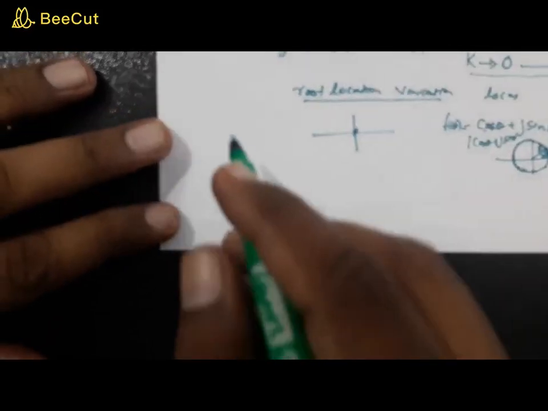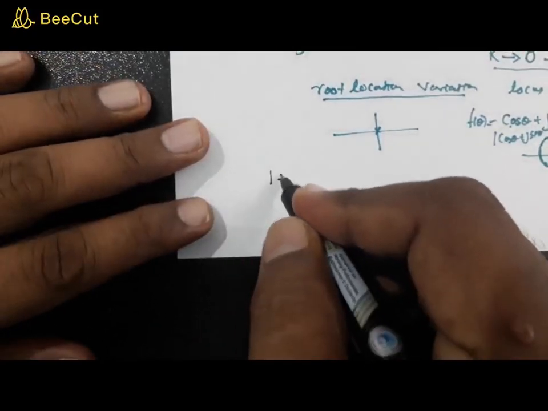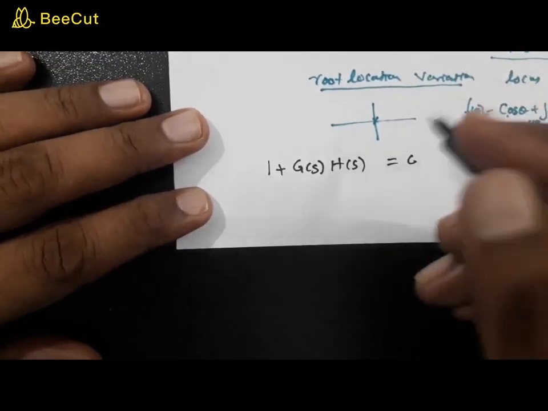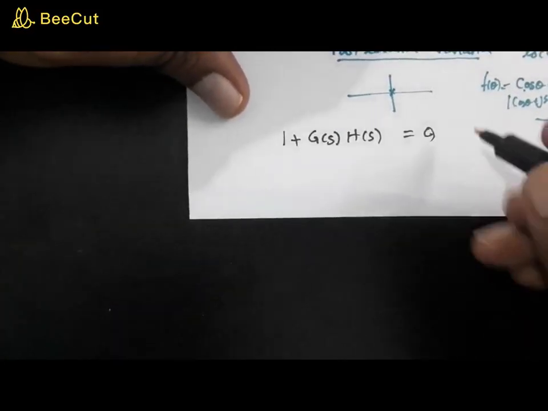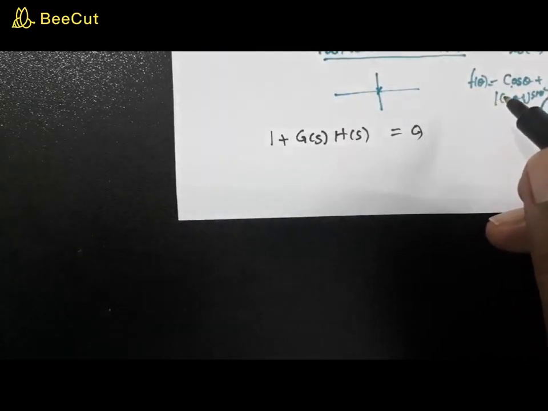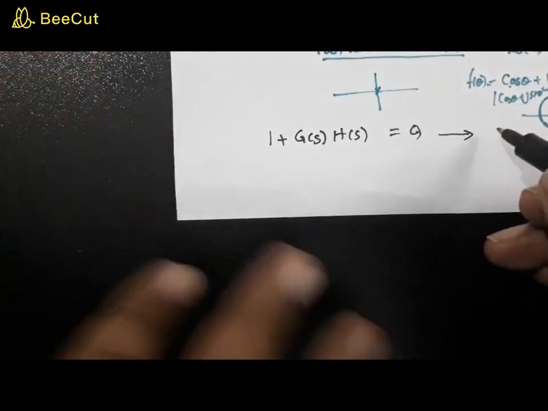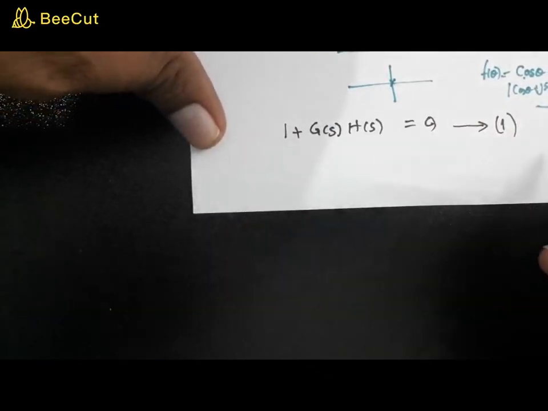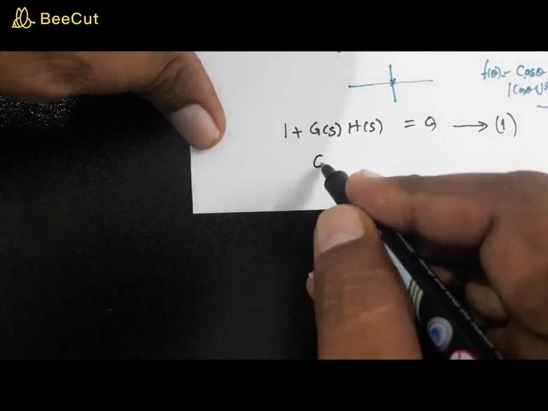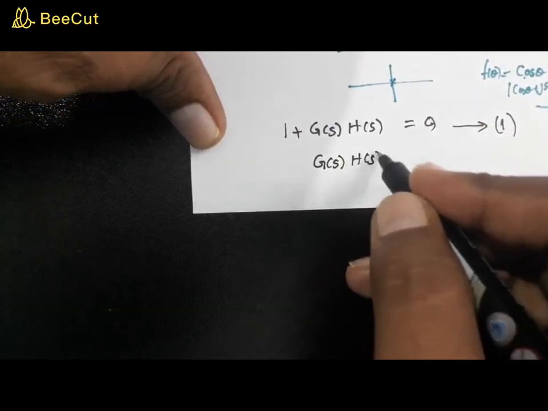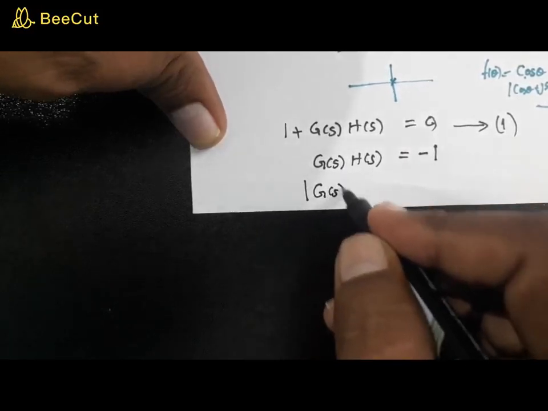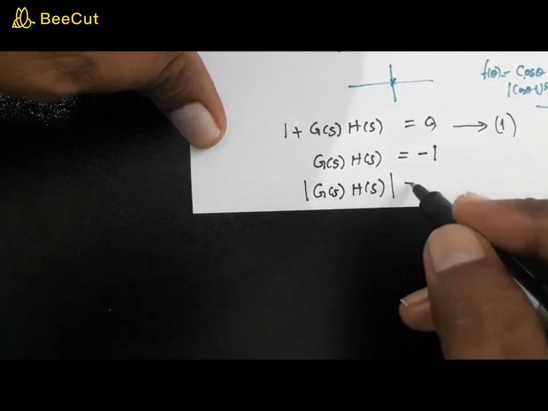Now from this you can say that 1 plus G(s)H(s) is equal to 0. That is the characteristic equation. Call this equation 1. All the roots of this equation should satisfy two conditions. One is G(s)H(s) equal to minus 1, or when you take the magnitude, the magnitude is equal to 1.